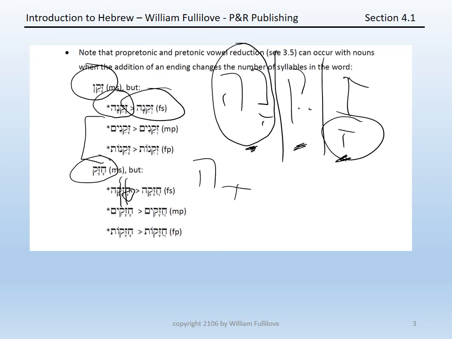Because that qamets reduces, you would expect a vocal schwa, but note that the form begins with a guttural letter, so instead of a vocal schwa, we get a compound schwa, chazqa. Similarly, in the masculine plural and feminine plural, the exact same reduction yields chazqim and chazqot for the forms.